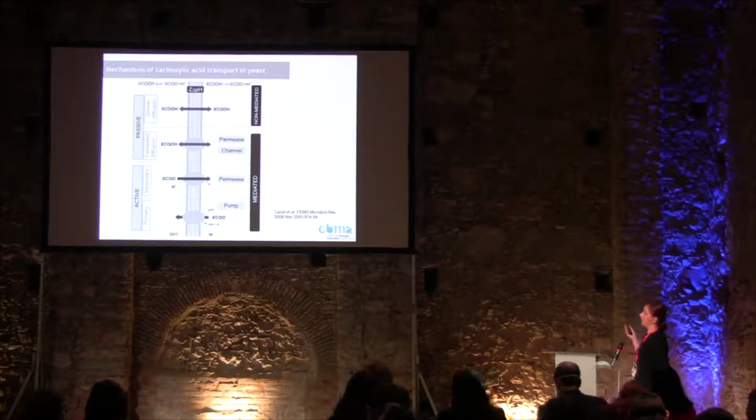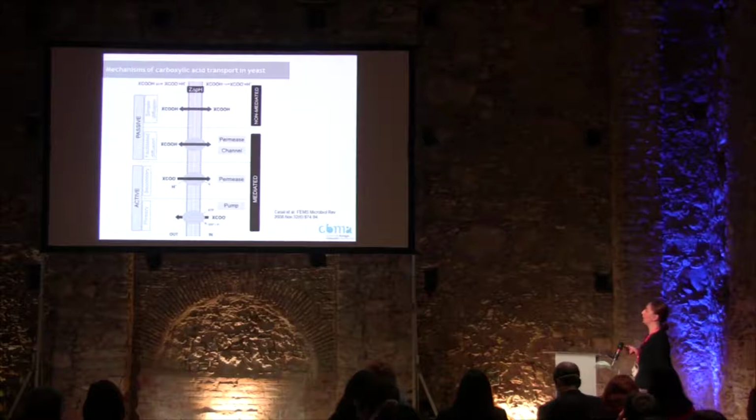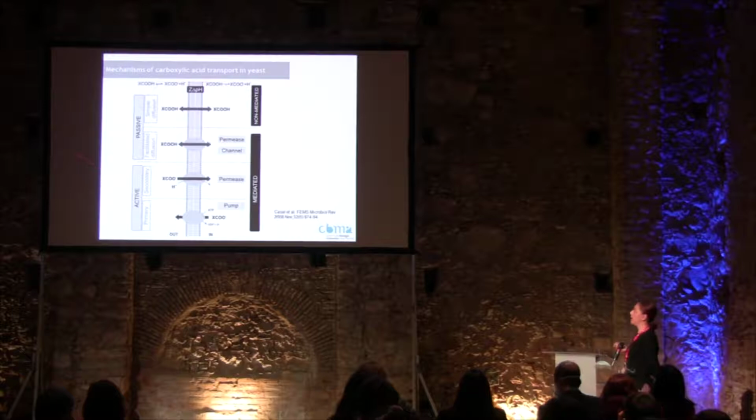There are several types of mechanisms to transport carboxylic acids in yeast. The non-dissociated form can cross the plasma membrane without the aid of a protein, but when we have the charged molecule, we have to have a mediated transport system.